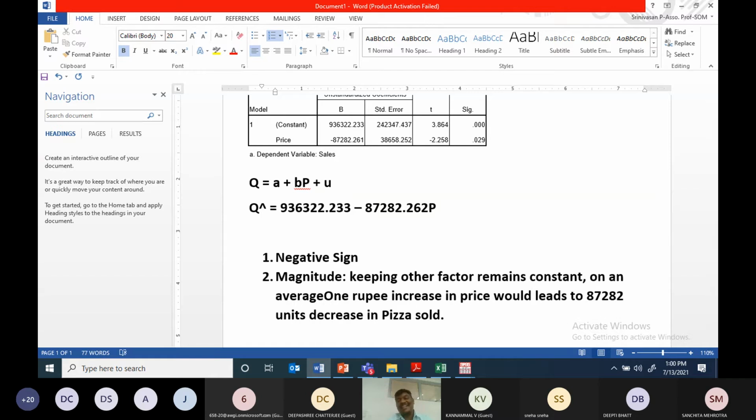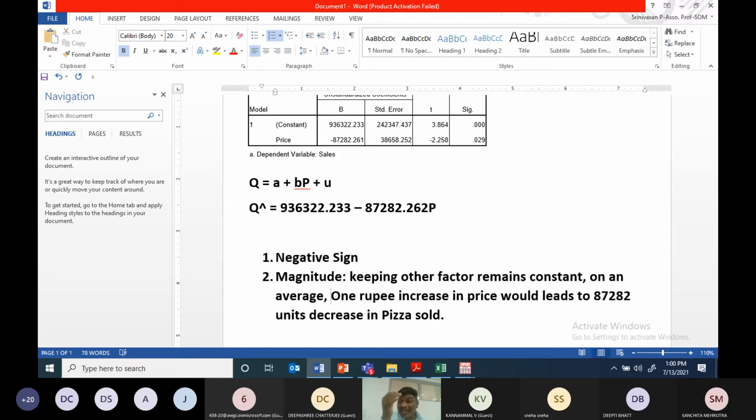This is not about accuracy. The model doesn't bother about accuracy. If I knew the accuracy, I would be a multi-billionaire. So keeping other factors constant and on an average: these are the terms you should always incorporate while writing. Don't miss them, please.